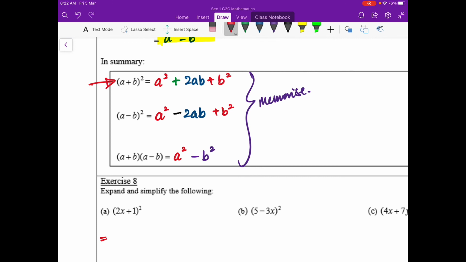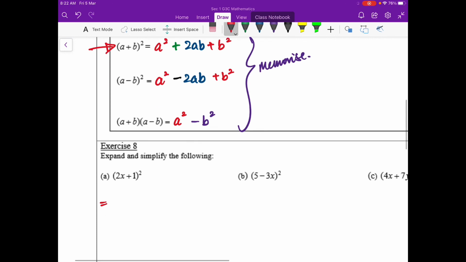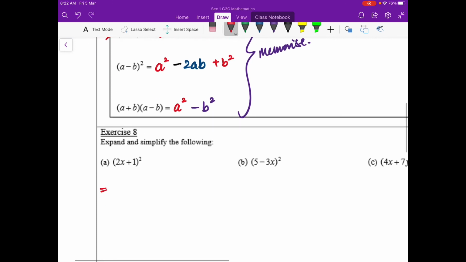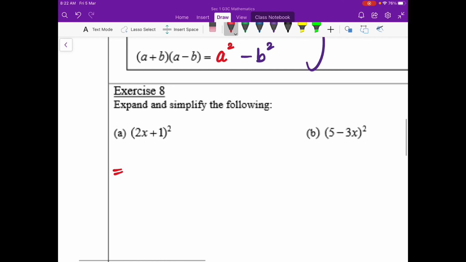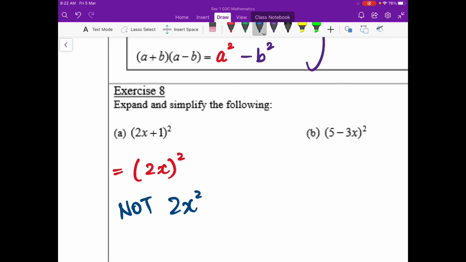In this case, it is just A, so we square A. But in our example, instead of A, we have 2x. So I need to square the 2x. In other words, it is supposed to be like this. 2x, you square it. You square the first term, not just the x. See the difference.